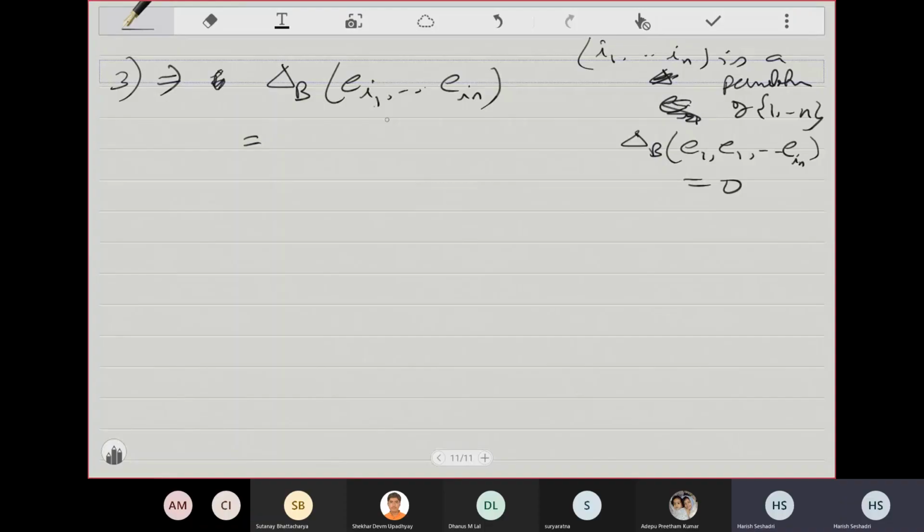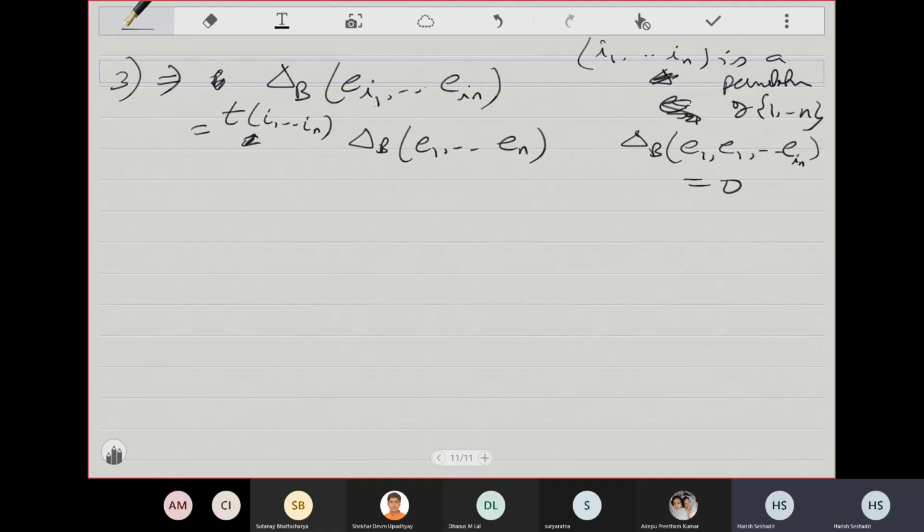Only then will it be non-zero. But if it's a permutation, I can just keep switching them around a pair at a time, so that I get e1, e2, ..., en. But I'll acquire a sign here, which I don't care what it is, I'll just call it T of i1 up to in.